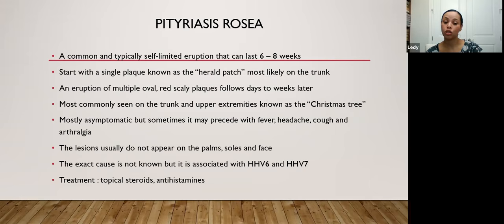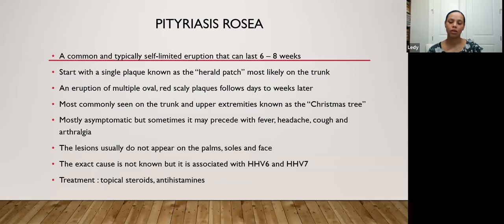Most commonly seen on the trunk and upper extremity, known as the Christmas tree pattern. Mostly asymptomatic, but sometimes it may be preceded by a fever, headache, cough, and joint pain. The lesions usually do not appear on the palms, soles, and feet. The exact cause is not known, but is associated with herpes 6 and 7, and the treatment is topical steroids and antihistamines.